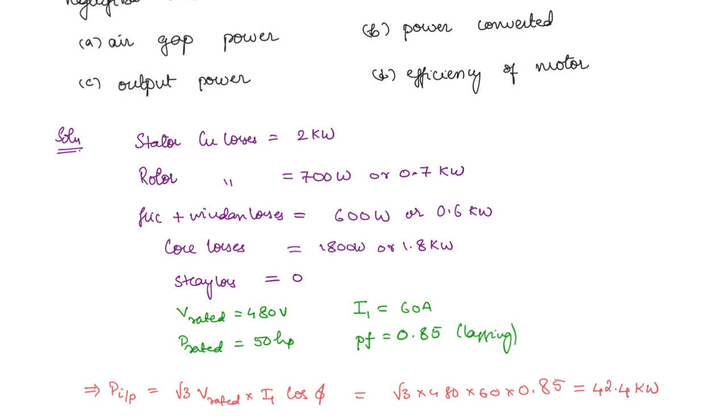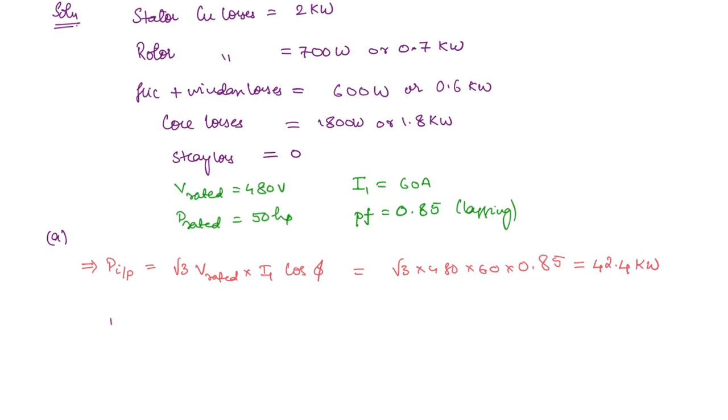Okay. Now we can find out the air gap power. So this is the first bit that we are trying to find out. Air gap power PG is equal to the power input minus the stator copper losses, minus what else will come here? The core losses as well.